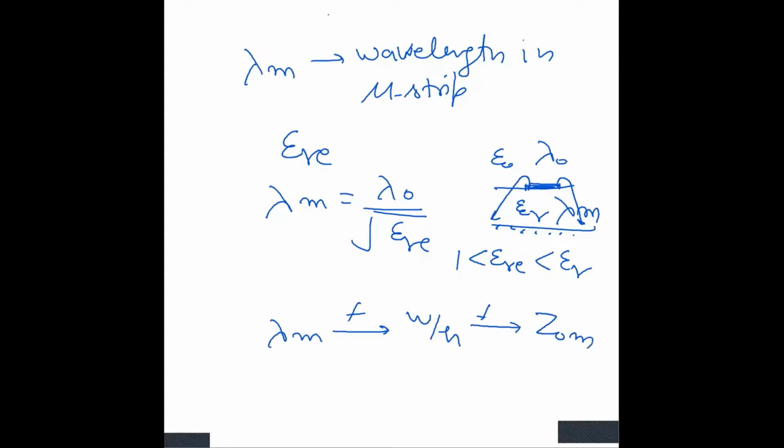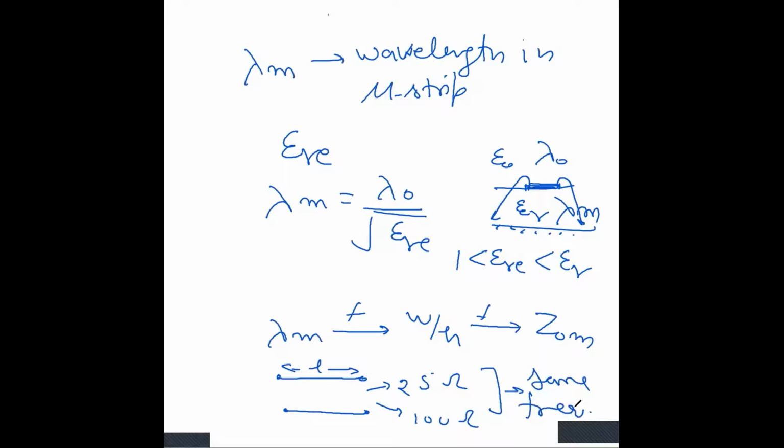And this relation implies that we can understand this by an example. If we have a section of transmission line having length L and the impedance of this section is 25 ohm, the length of the section of 25 ohm will be different from the length of the section of 100 ohm at the same frequency.